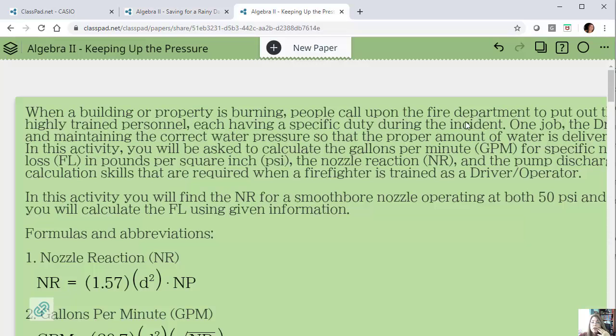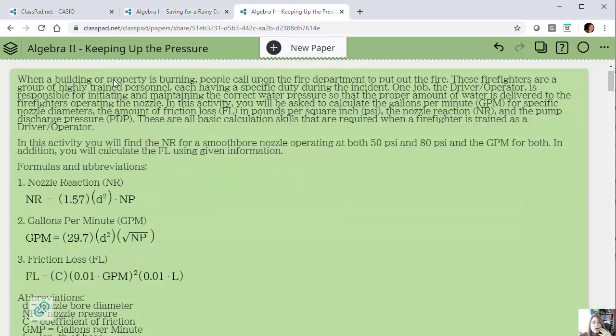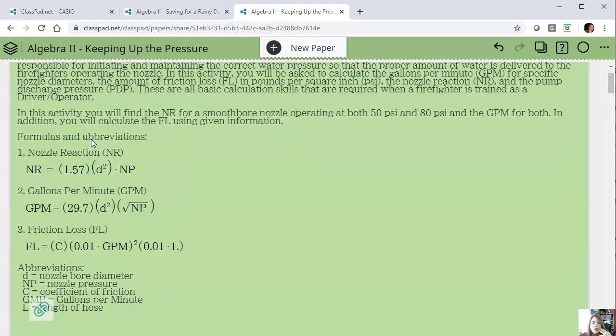The second activity is very similar. This one is about volume and area. So again, we actually have 3 different formulas. Depending on the question, they're going to be using one of these 3 formulas, and the descriptions of the variables are described here.